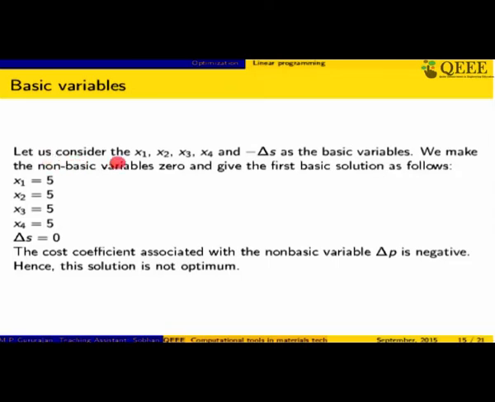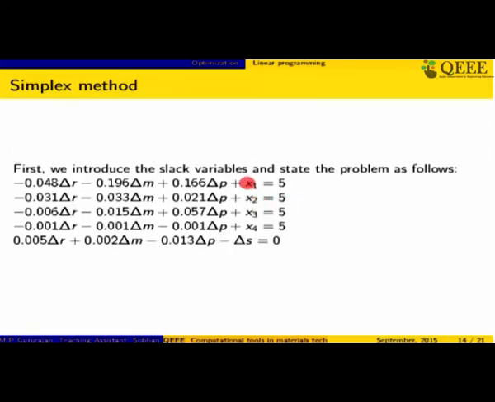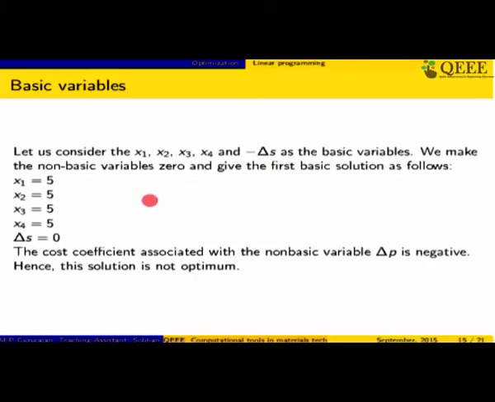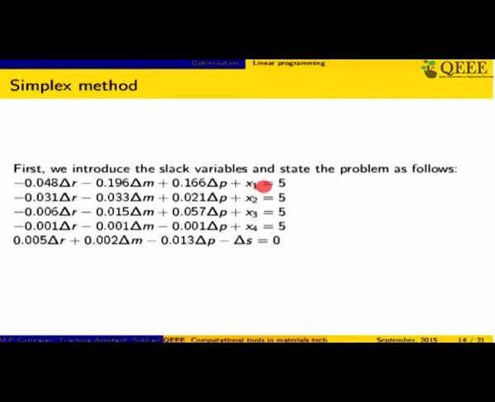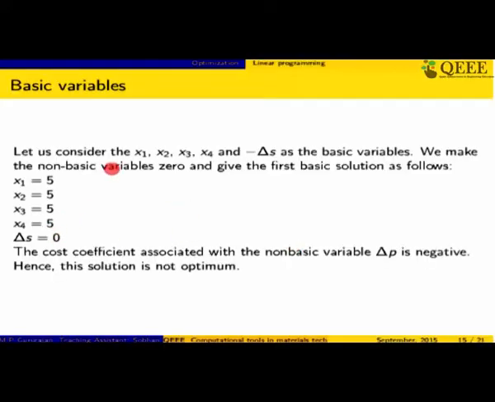We consider the slack variables that we have introduced, x1, x2, x3, x4, and the value that you are trying to optimize, delta S, as the basic variables, right? So I have these 4 and this minus delta S. So I consider these to be the basic variables. What that means is that the rest of them I am going to assume that they are 0. Okay. If I assume those to be 0, right, then I get the solution x1 is 5, x2 is 5, x3 is 5, x4 is 5, and minus delta S is equal to 0.